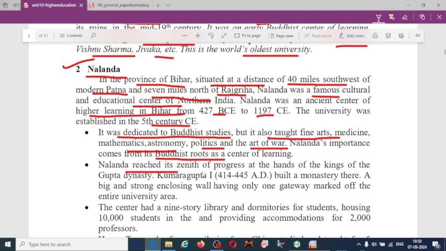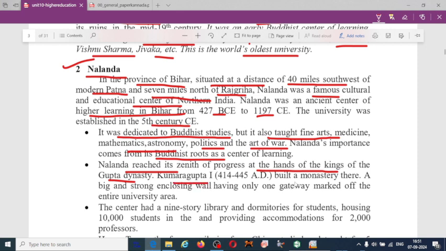Nalanda reached its zenith of progress at the hands of the kings of the Gupta dynasty. At that time, the ruling dynasty was the Gupta dynasty. So they reached a very high peak at that time.